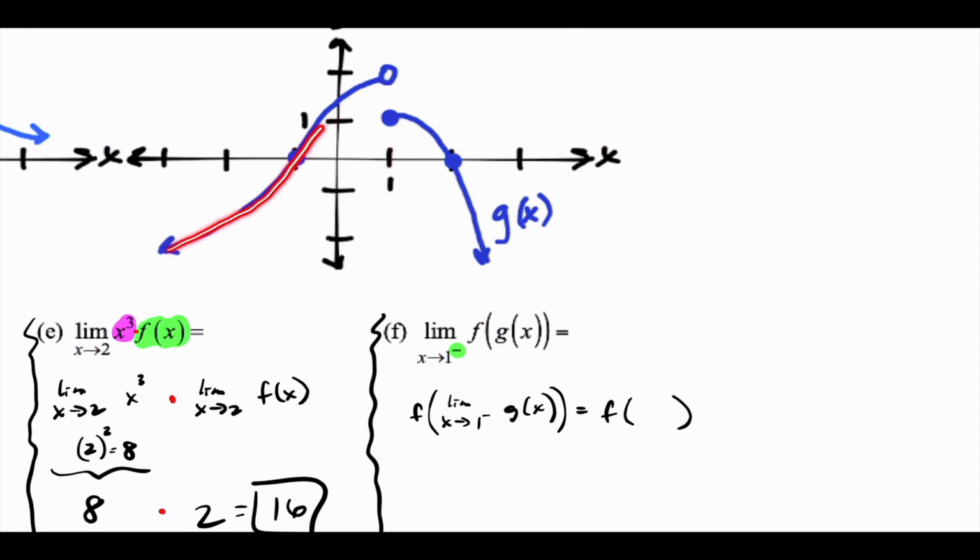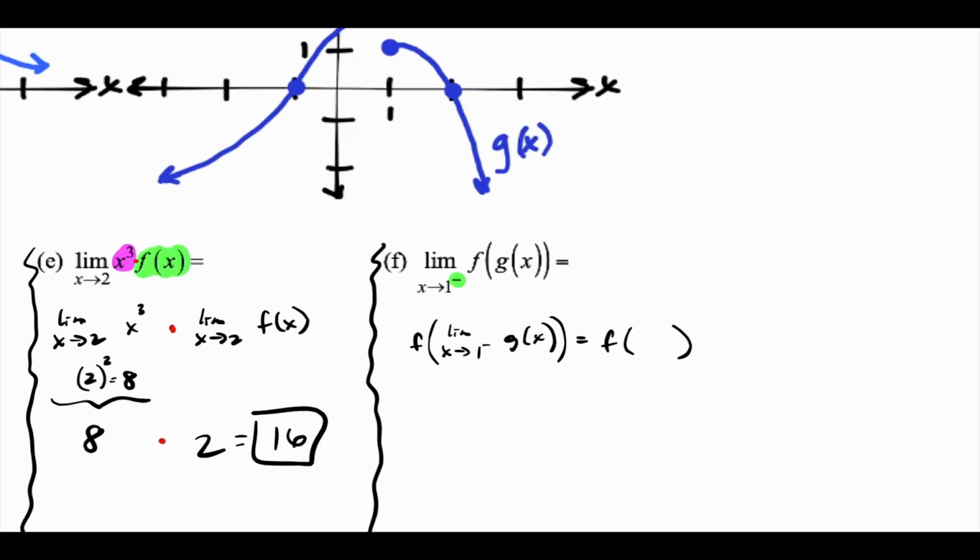But just from the left, the limit is 2. So we're going to put 2 here, and then we have to find f of 2. What does that mean? It means plug it in.